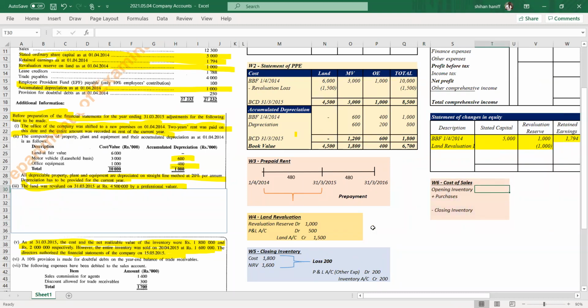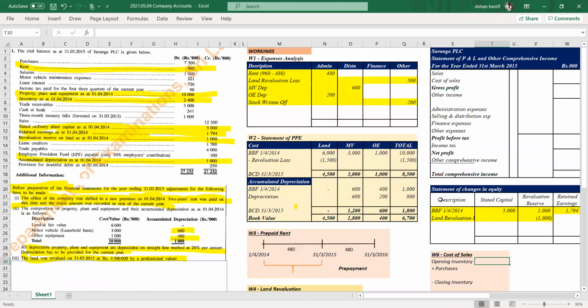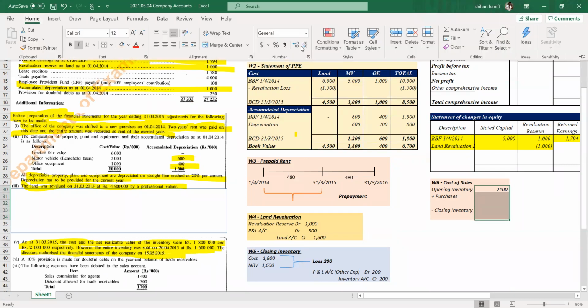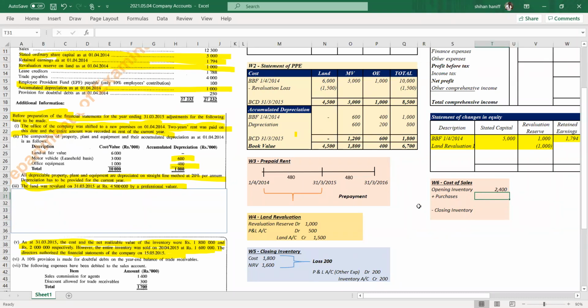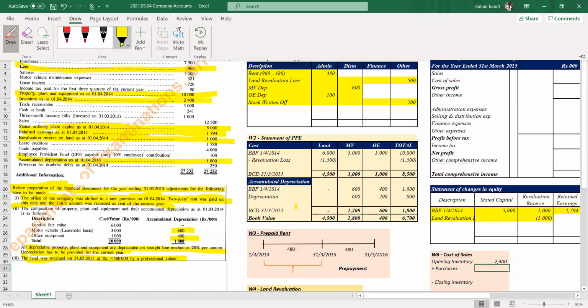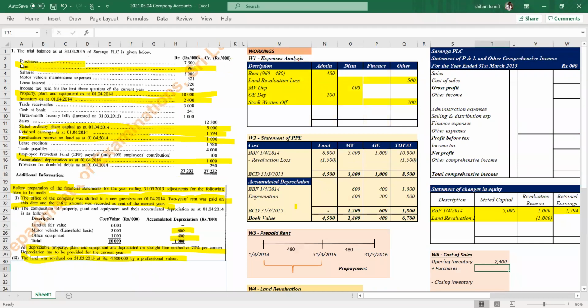So opening inventory was given 2,400. Purchases also given here on the top. Purchases 7,500.